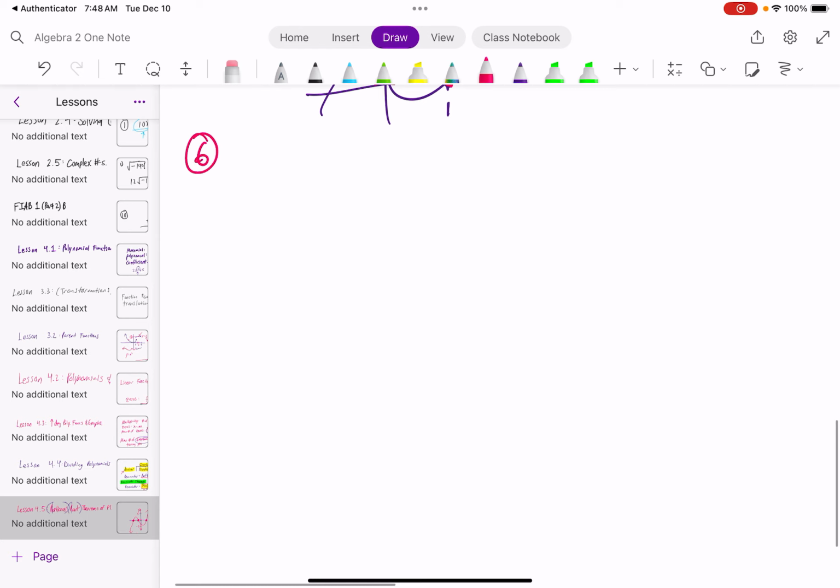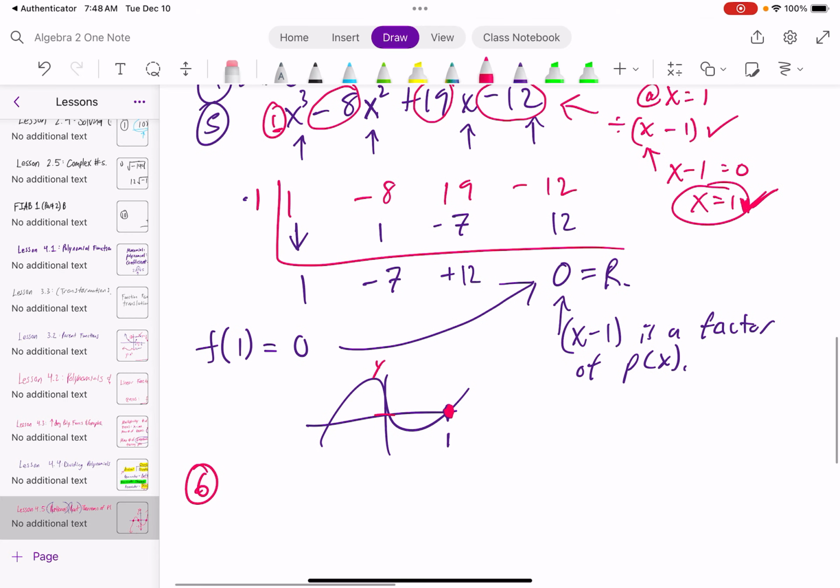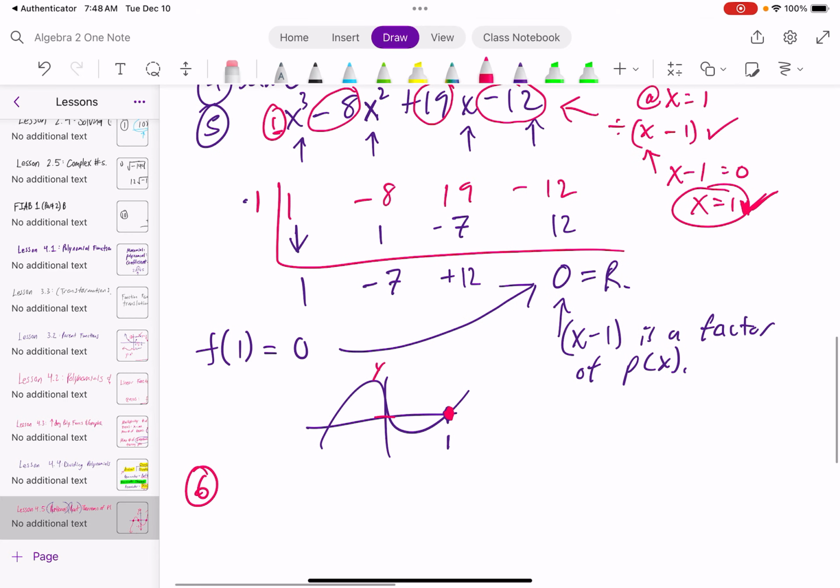Number 6. Identify the other two real zeros. So basically we have this function.